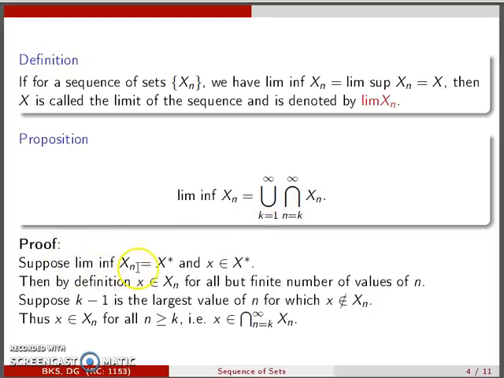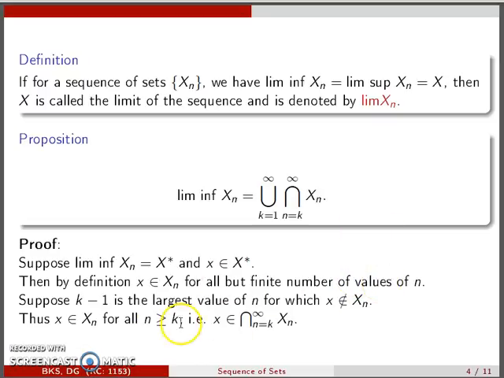Suppose lim inf xn is x star and let x belong to x star, then by definition x belongs to xn for all but a finite number of values of n. Suppose k minus 1 is the largest value of n for which x does not belong to xn. We know that x does not belong to xn for some finitely many n.